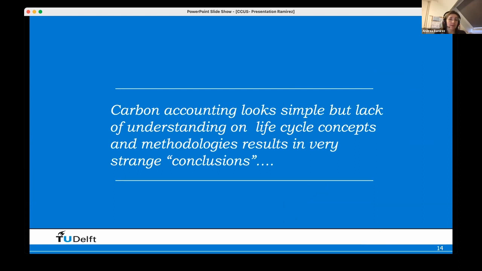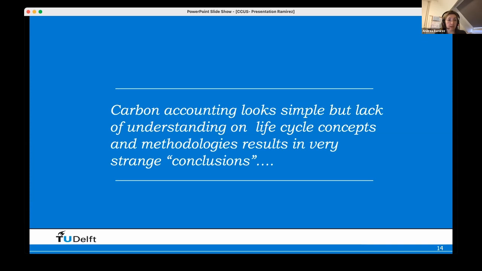But if you do it without understanding well the concepts and the methodologies that you are using, it results in very strange conclusions where you suddenly have negative emissions, which I still don't know what that means, or you have systems that are producing more CO2 than the reference, but you are calling them negative, or you have avoidance and negativity at the same time, which is not properly communicated, and then policymakers may not see the benefits of the option.